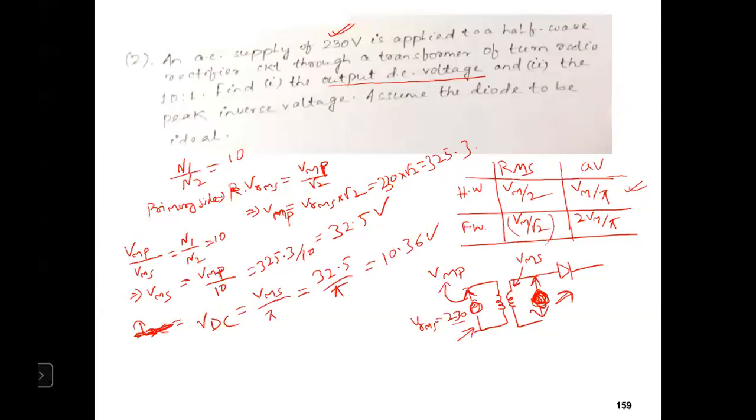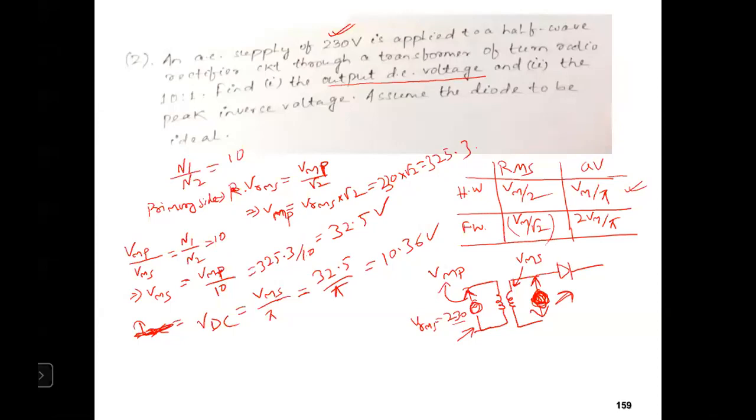What else it is asking? The peak inverse voltage. Okay, so what is the peak inverse voltage for a half wave rectifier? Peak inverse voltage is simply equal to Vm. Okay, we have created one formula table.